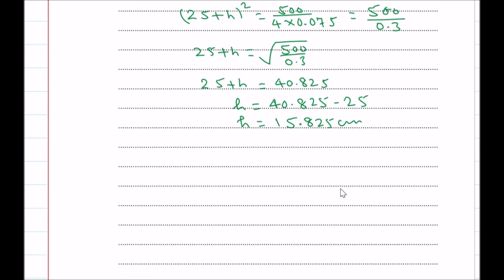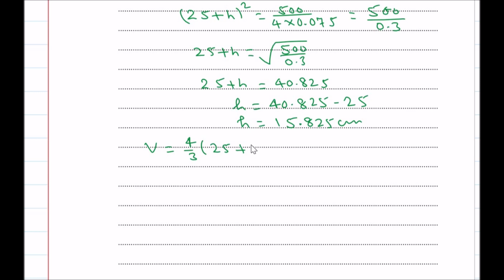Now, the question is asking, find the value of V. So, how do we find the value of V? Let us take the expression for V. We have V equal to 4 by 3 into 25 plus, now h we need to substitute.